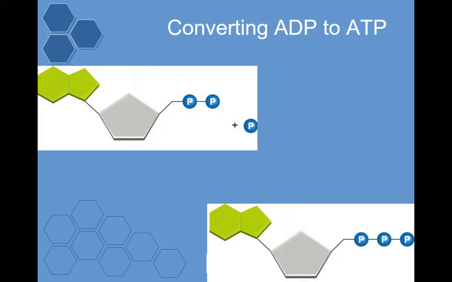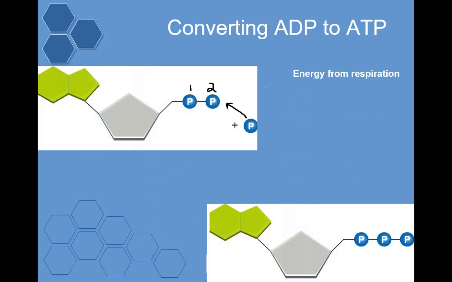So let's go over this one more time. We start out with the ADP molecule. So again, the adenosine and 2 phosphates. Here's your little lonely phosphate over here. We're going to attach this up to these other ones to create another bond. When we do that, we are then forming our ATP molecule. Now, where does that energy come from? That energy is actually coming from cellular respiration.